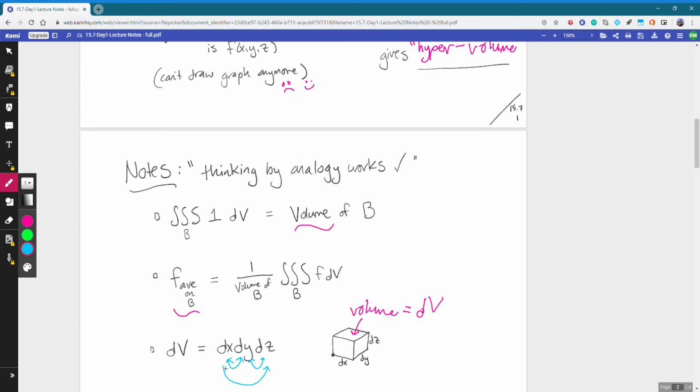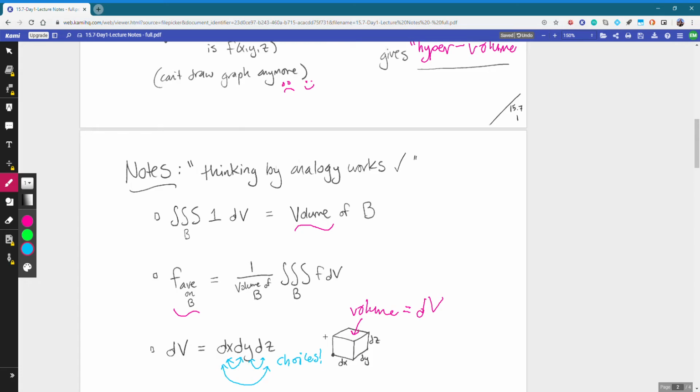There's actually 6 possible choices for integrating, which is nice. We like choices, but it can also feel overwhelming. You know, what do I do? Well, we'll talk about that.